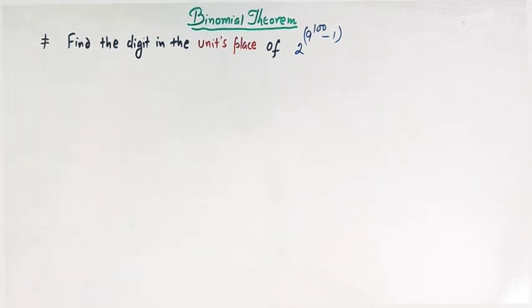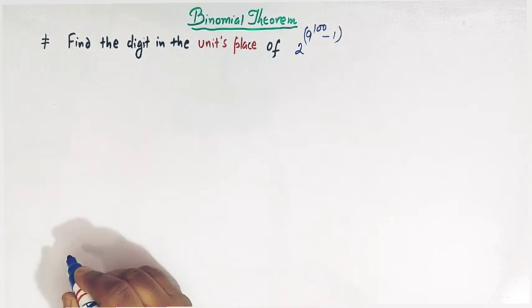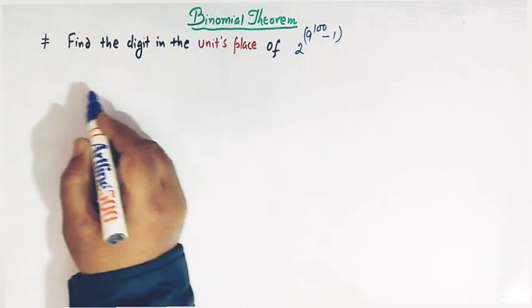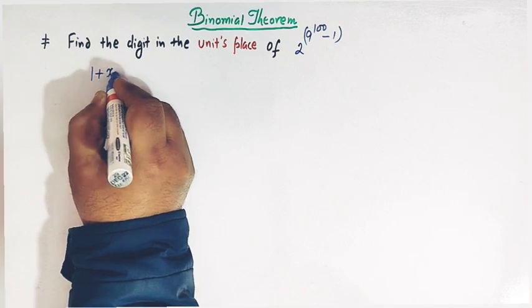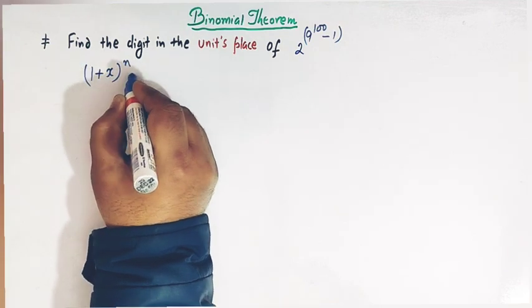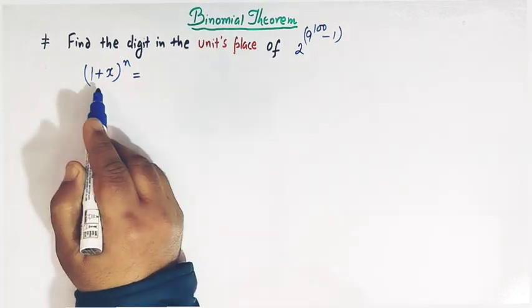So let us first take the statement of binomial theorem. Here we'll take the binomial (1 + x)^n, and we'll utilize this expansion.